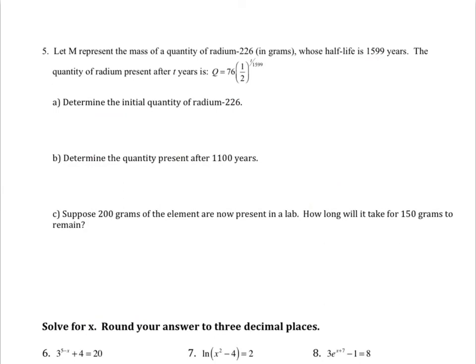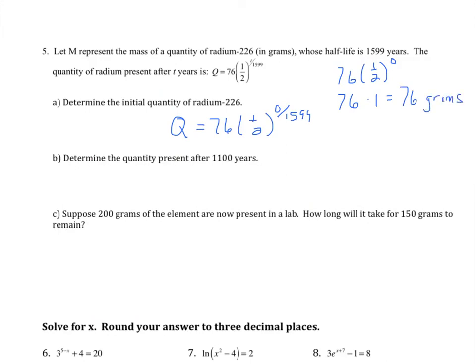So we have that Q equals 76 times 1/2 to the 0 over 1599, which would just be 76 times 1/2 to the 0 power. And anything to the 0 power is 1, so 76 times 1, we'd have 76 grams initially of radium.